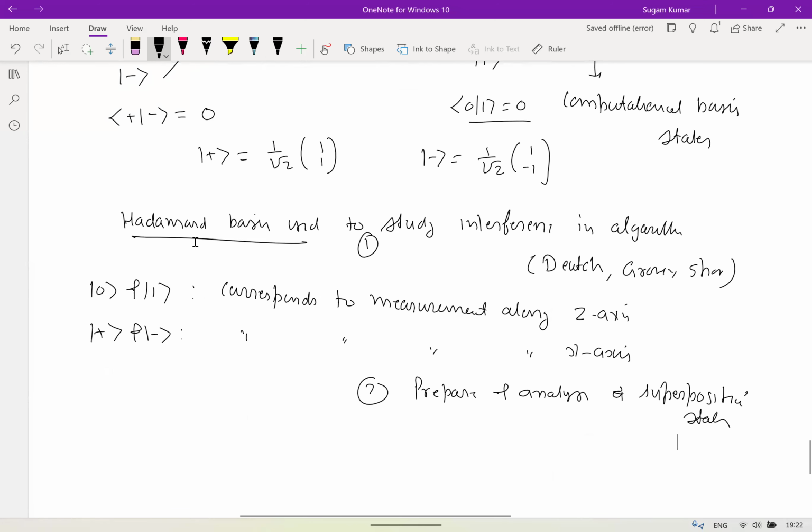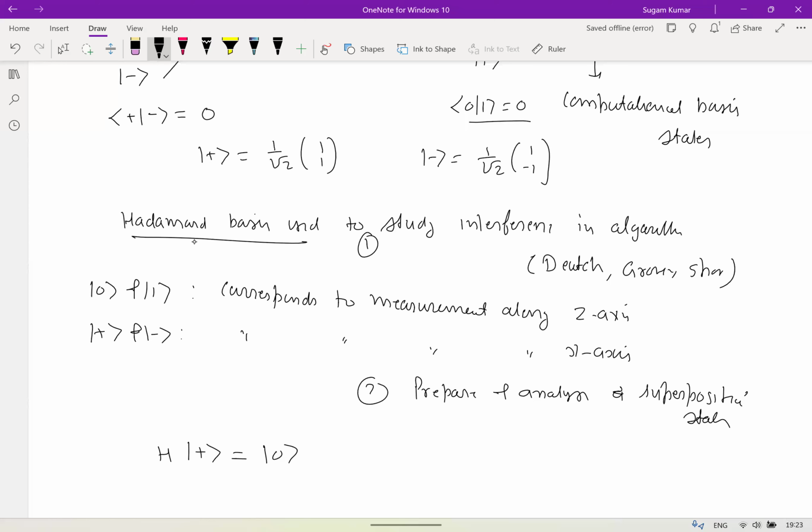Because let us say I already know that the Hadamard gate produces the superposition, but if there is a superposition state and you want to check whether the state is superposition or not. So for example, if you apply the Hadamard gate on the H state, you will see that you're going to get a 0 state.